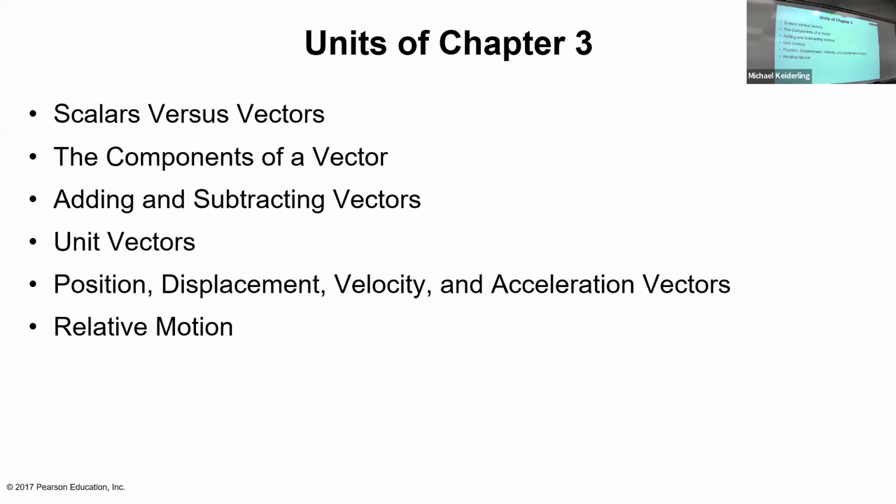We talked about position, displacement, velocity, and acceleration in chapter 2, when we were talking about the kinematics of stuff. We're going to talk about how we can represent them as vectors and thus how we can expand from 1 dimension to 2 dimensions. Chapter 4 will be about 2-dimensional kinematics. Then we're going to talk about relative motion. When we talk about relative motion, that's a way you combine vectors.